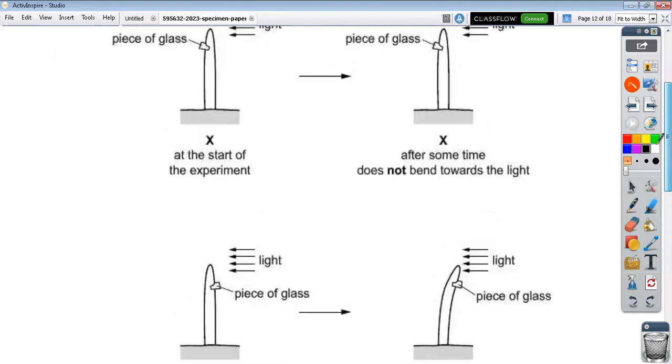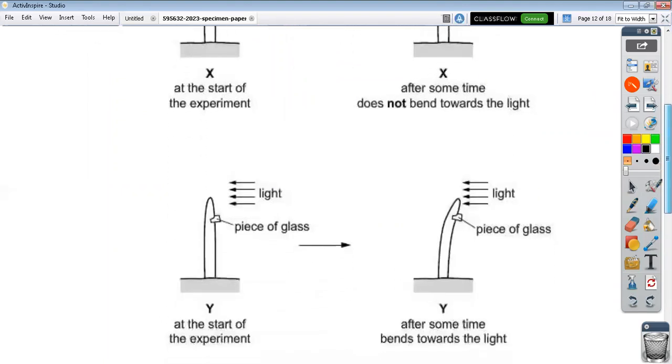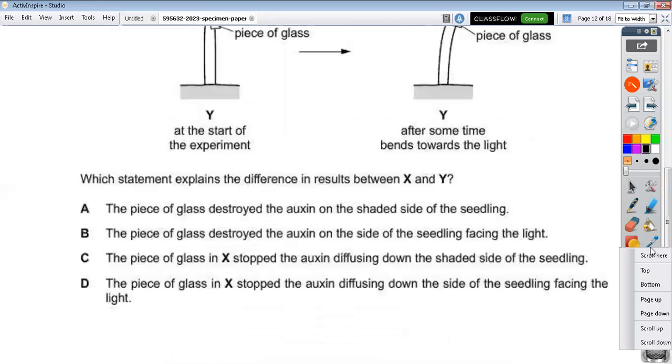Okay, so what's the correct answer? Yes, the piece of glass in X stopped oxygen diffusing down the shaded side of the seedling, and that's why it did not bend.